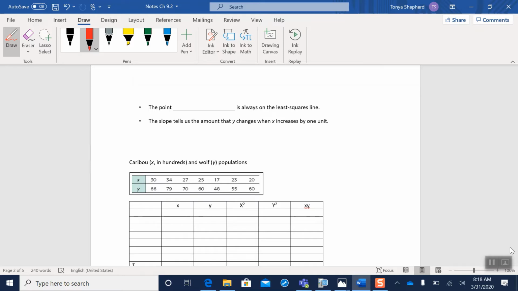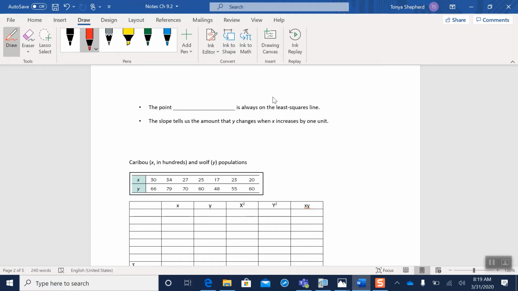Okay, so when we are looking at the equation that we generate, there is one point that always falls on the best fit line.